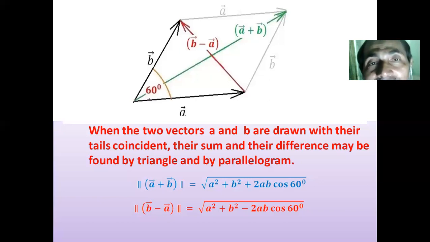If any vector is rotated through 180 degrees, then the vector will become inverted. That means the rotation of the vector through 180 degrees is equivalent to saying that the vector is inverted or the magnitude is reversed. For that reason, the difference of the two vectors is obtained by the subtraction of the third quantity.